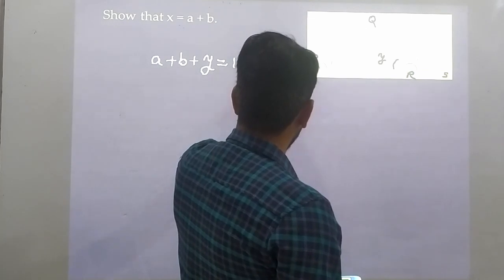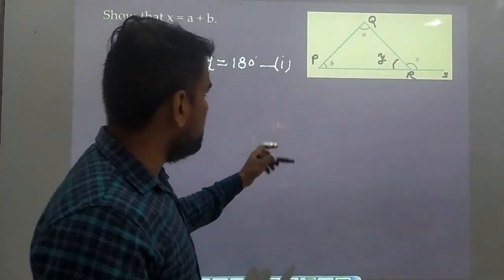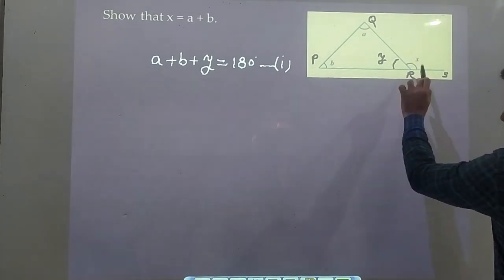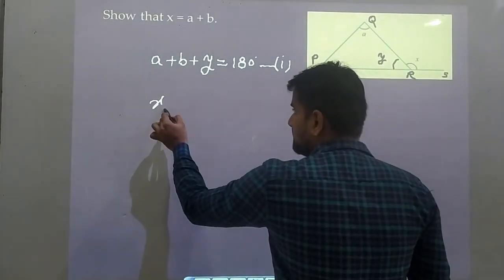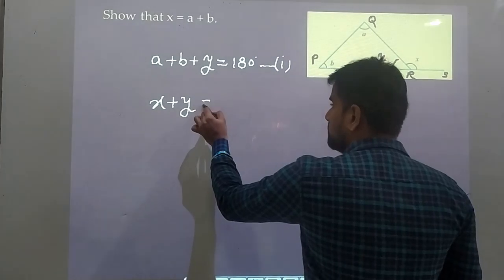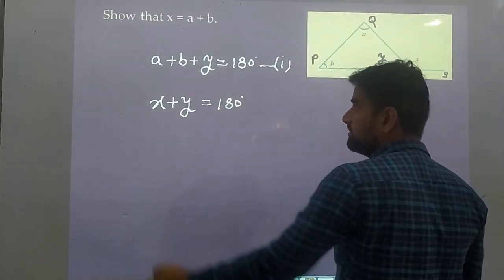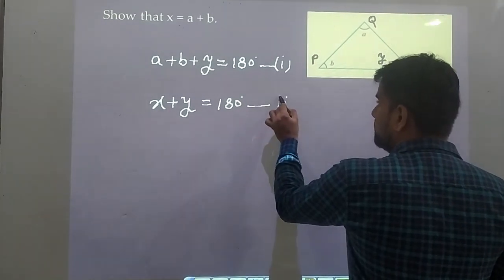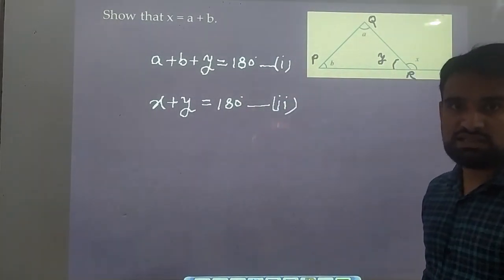This is equation number 1. And for the external angle x and y, x plus y is also equal to 180 degrees. This is the second equation.